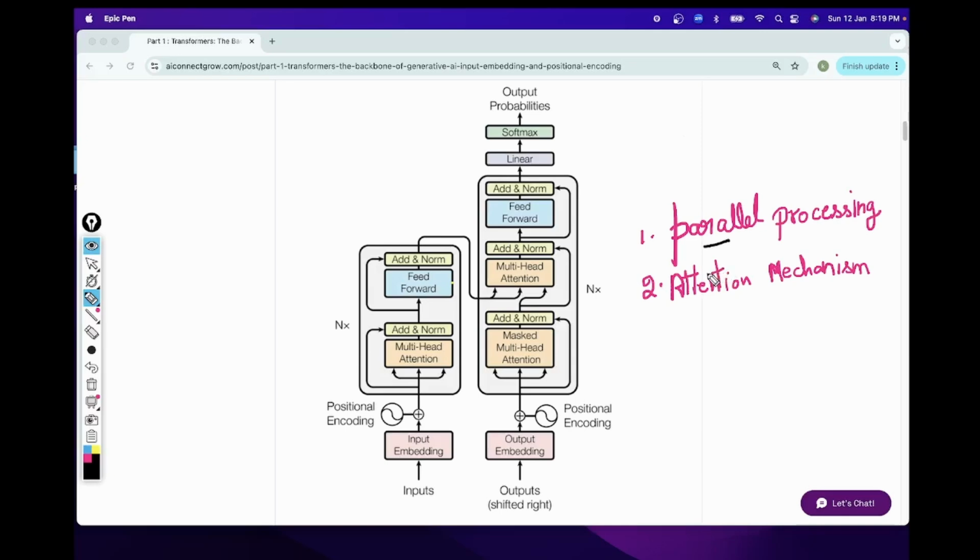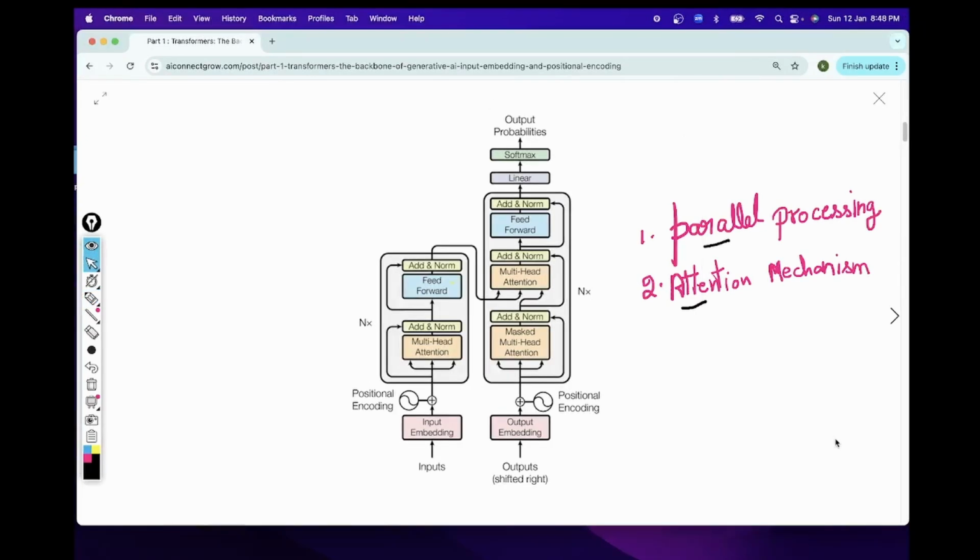Another key component of the transformer is the attention mechanism, which allows the model to focus on different parts of the input sequence when producing each word of the output sequence. This makes transformers highly suitable for a wide range of tasks, from language translation and text generation to image processing and beyond. With this being said, let's understand the different components of transformer architecture.